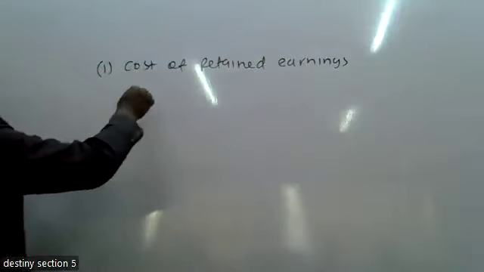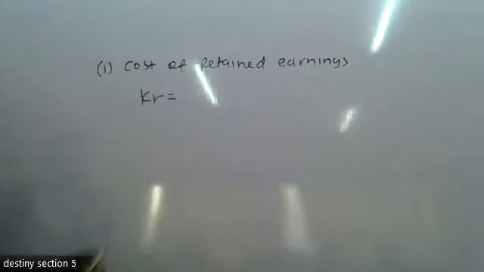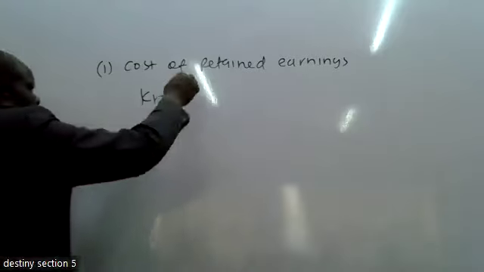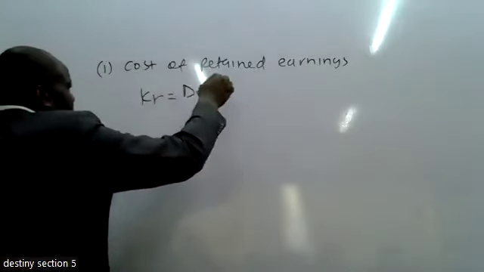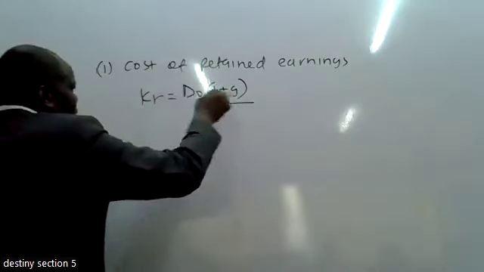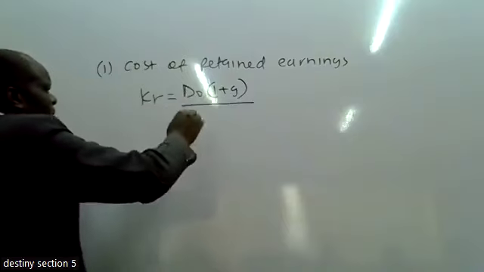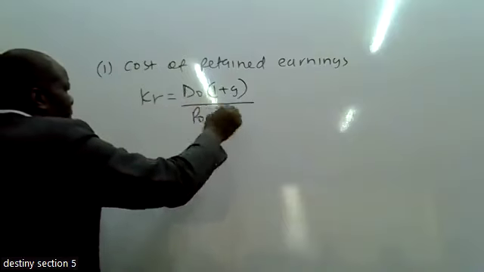So KR, because it has a constant dividend growth, KR will be given by D0 in the brackets 1 plus G, then divide by P0.